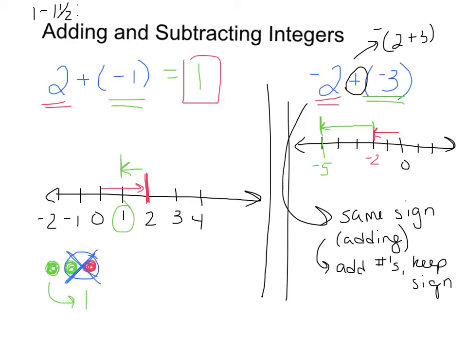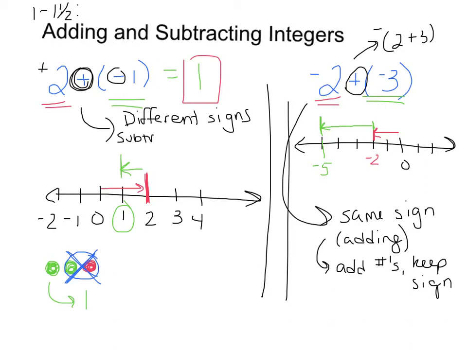Over here, if I have 2 numbers and they have a different sign, so one value is positive, one value is negative, and I'm adding the 2, so this is if I have different signs, what I'm basically going to do is subtract the values, and I'm going to keep the sign of the larger number.